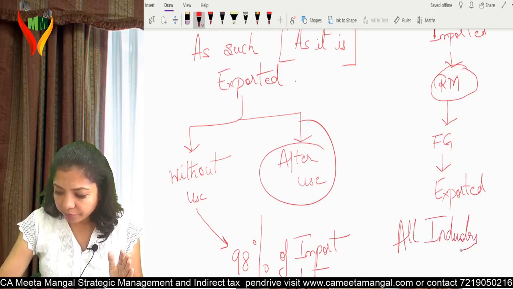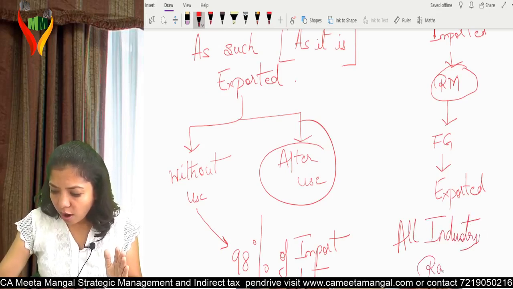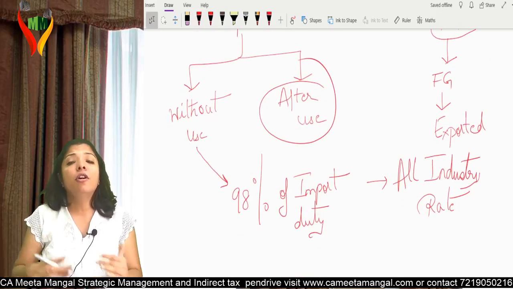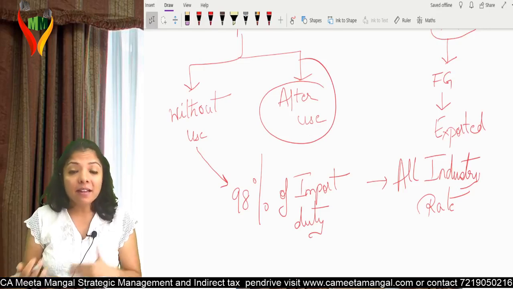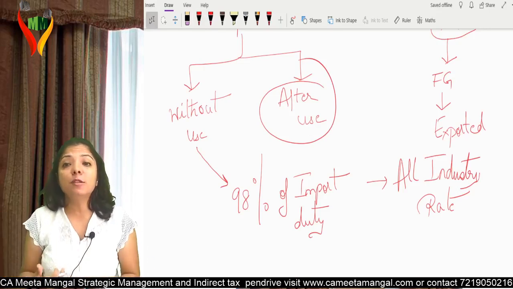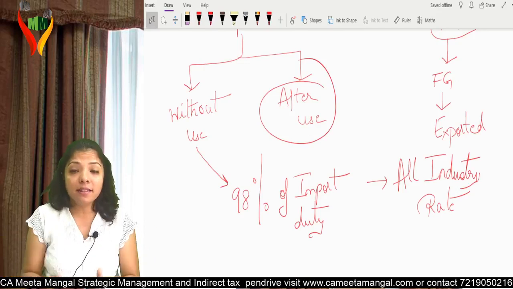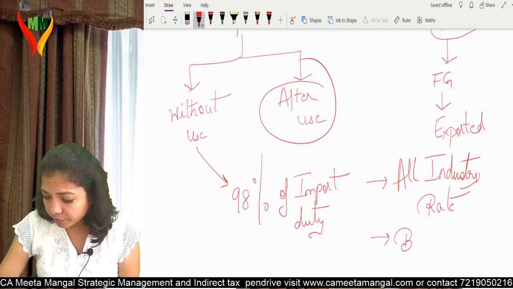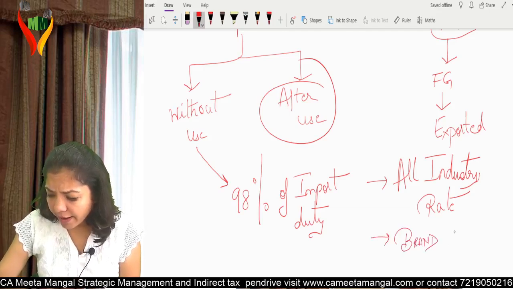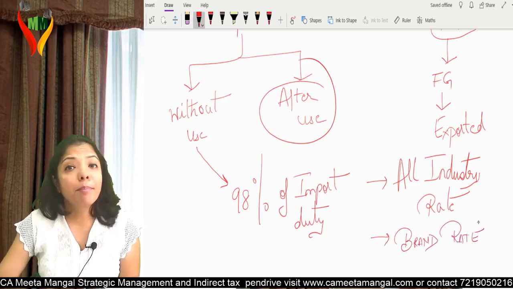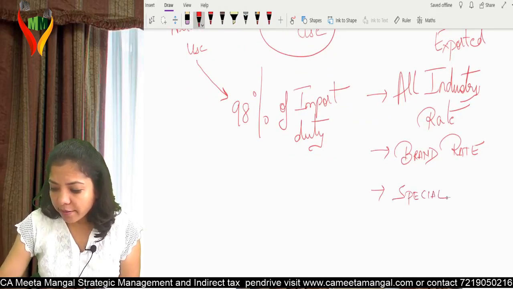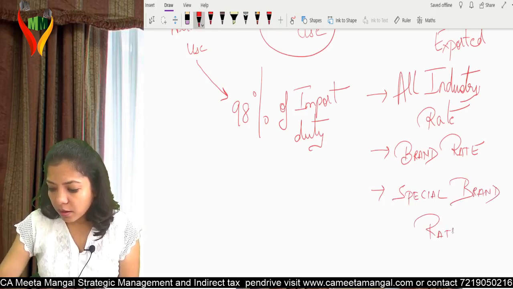AIR, all industry rate. Government has given us the all industry rate. In fact, there are a few more rates, brand rate and special brand rate, which will be there in specific scenarios, which we're going to study in this chapter. We'll be having three rates over here: all industry rate, brand rate and special brand rate.